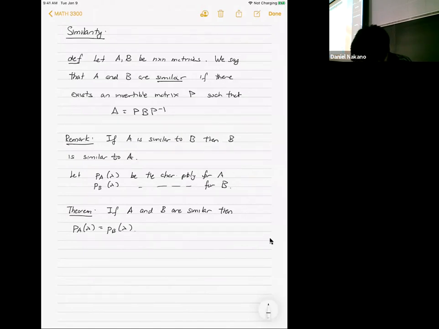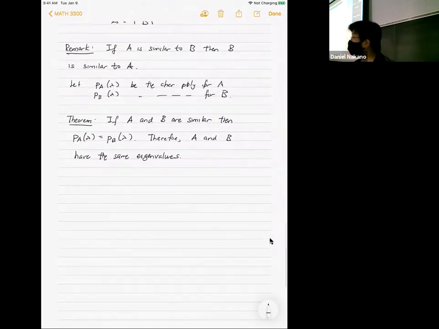Therefore, A and B have the same eigenvalues. If they have the same characteristic polynomial, the roots are the same for both, so they have the same eigenvalues.